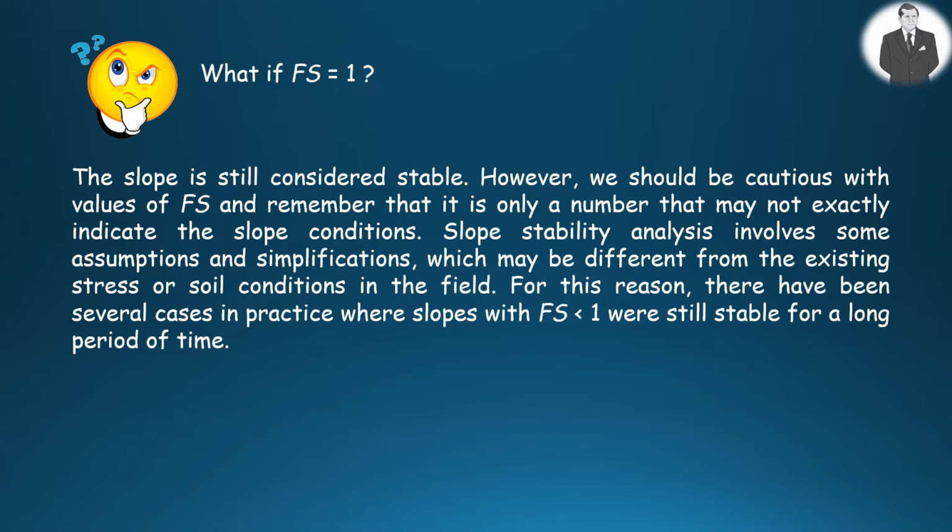Slope stability analysis includes some assumptions and simplifications, which may be different from the existing stress or soil conditions in the field. For this reason, there have been several cases in practice where slopes with factor of safety less than unity were still stable for a long period of time.